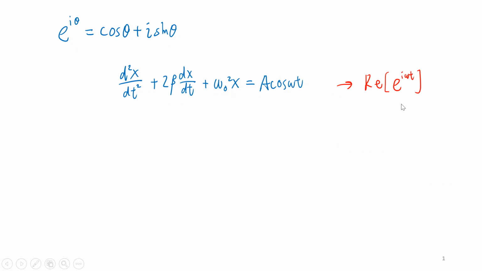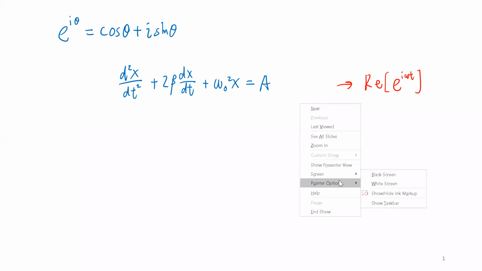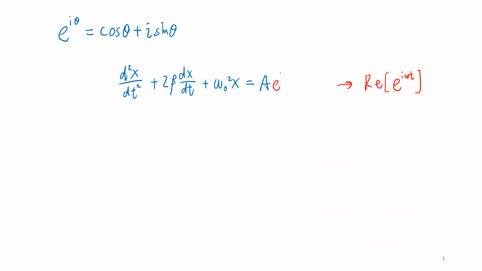Then I'm going to rewrite this equation, and instead of using cosine omega t, I'm going to just use e to the i omega t. But of course this is not really the same as what I just had, because e to the i omega t also has an imaginary part. Really, the right-hand side is just the real part of this.